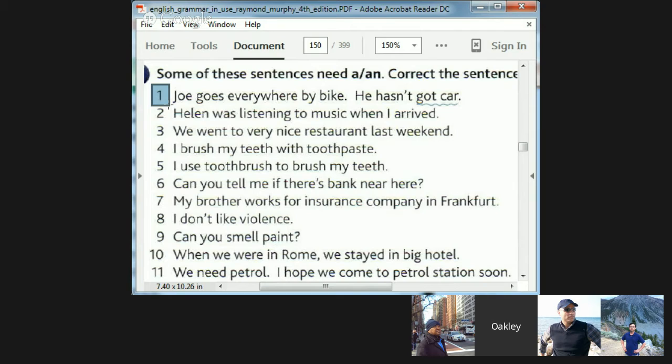Why? Because, of course, buses, planes, trains, and bikes are all countable objects. However, when we use the prepositional phrase by whatever, we're talking about it as a concept. We're really not counting the object. We're talking about it as an idea.